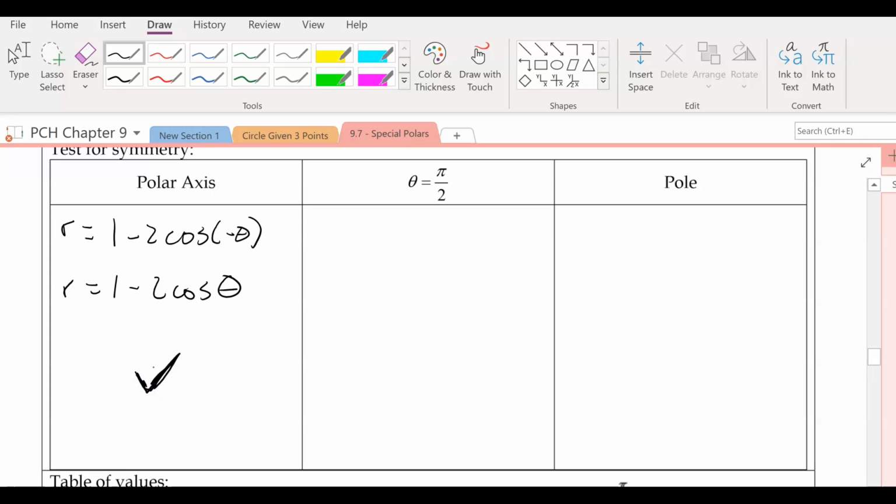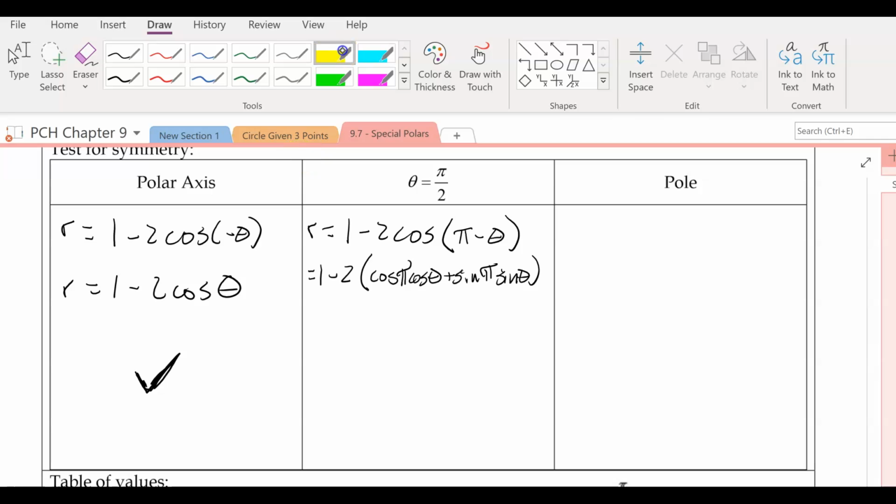Let's check for our other symmetries. r equals 1 minus 2 cosine, and we're going to replace theta with pi minus theta. So it's going to be 1 minus 2, and we've got to use our difference formula: cosine pi cosine theta plus sine pi sine theta.